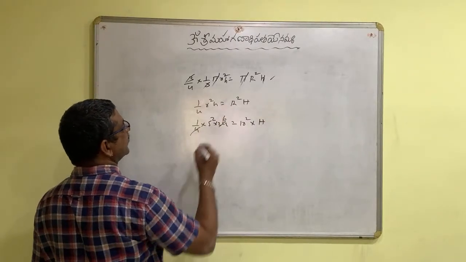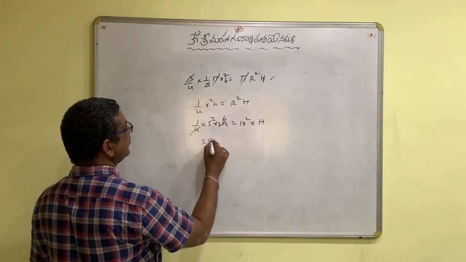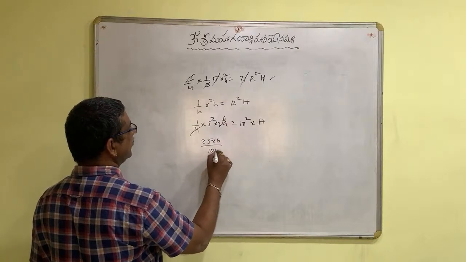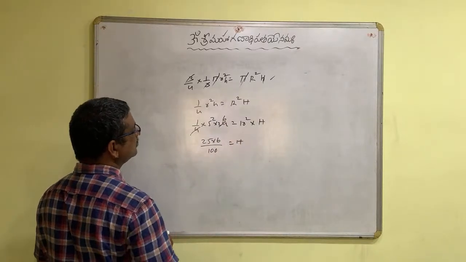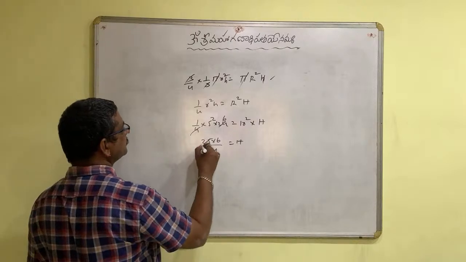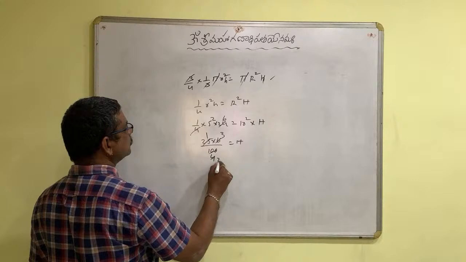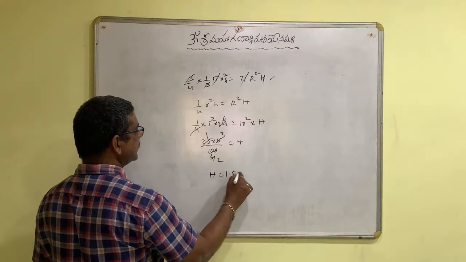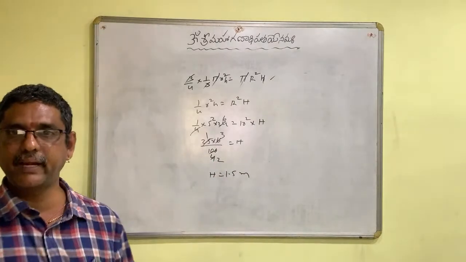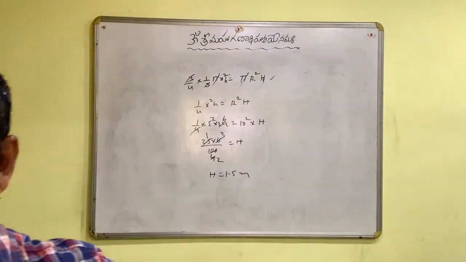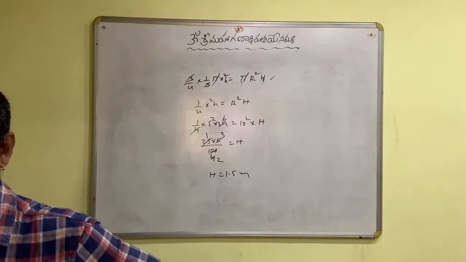Now 25 into 6 by 100 is equal to h. So the height of the cylinder is 1.5 meters.